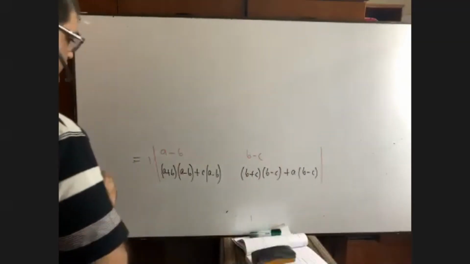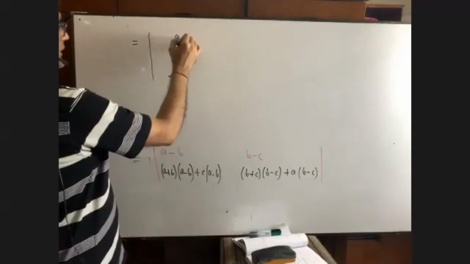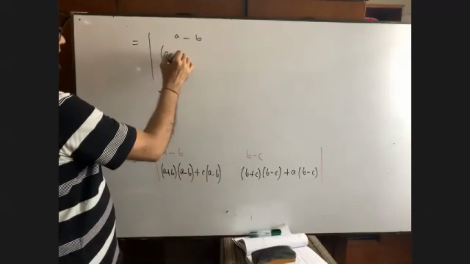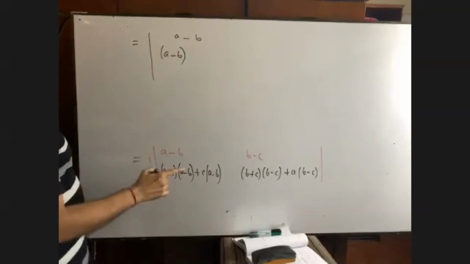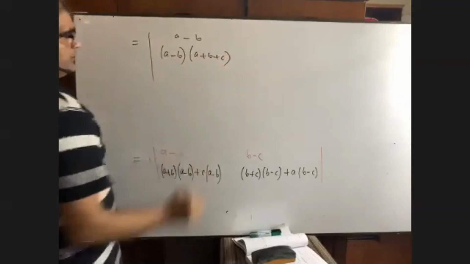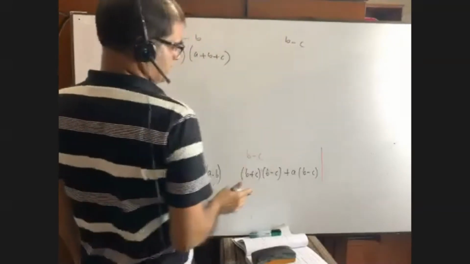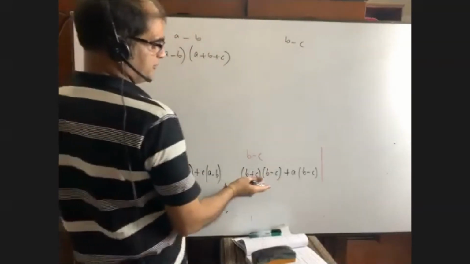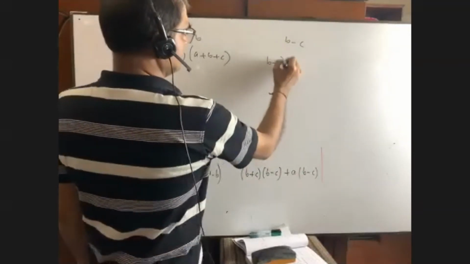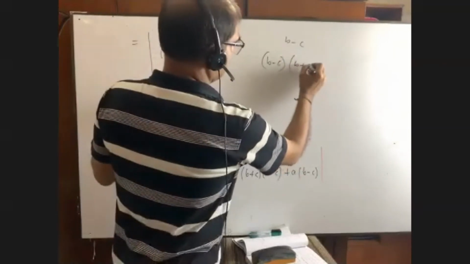Now you again see, here a minus b can be taken common, and we are left with a plus b plus c. Here b minus c, and from this entry we can take b minus c common, then we are left with b plus c plus a, b plus c plus a.